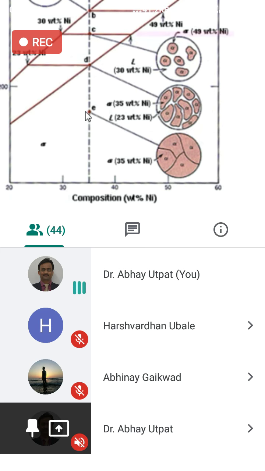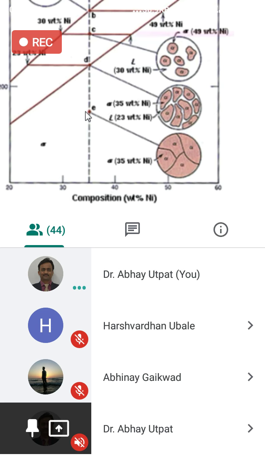At point C, 40% solid and 60% liquid. And next, at point D, in bracket, just above solidus line.